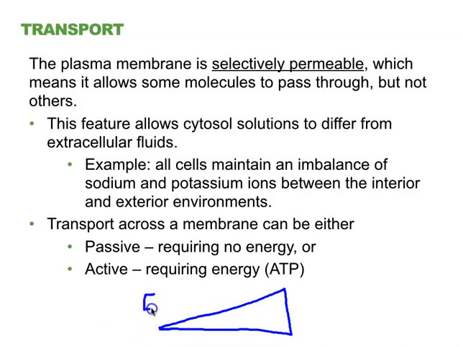This would be a low concentration of something, and this would be a high concentration of something, regardless of what it is. When we're thinking about thermodynamics, remember, in diffusion materials always move from an area of high concentration to an area of low concentration. There's no getting around that, but that's passive and doesn't require energy. However, if we want to push something against its concentration gradient, you would require energy to do that.